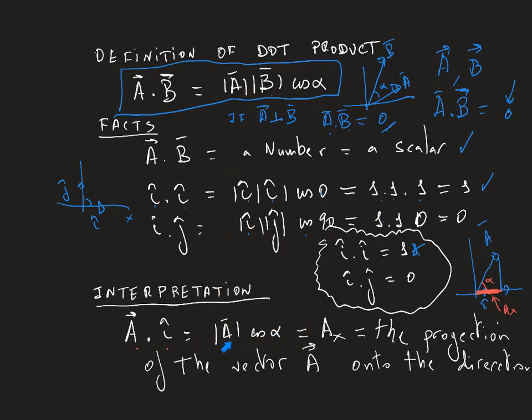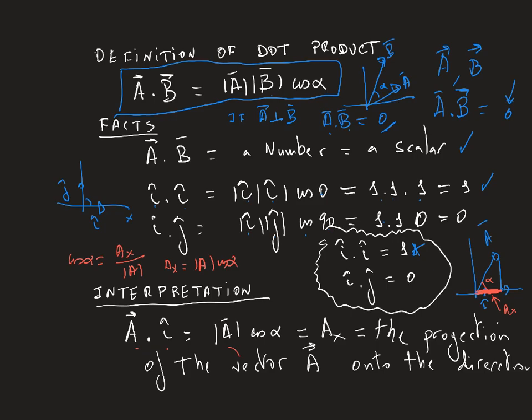But this is AX. Why? Because, look at this picture, the cosine of alpha is AX divided by the magnitude of A. So AX is simply the magnitude of A by the cosine of alpha.